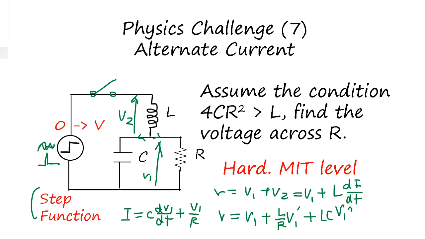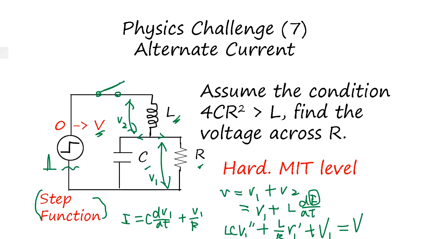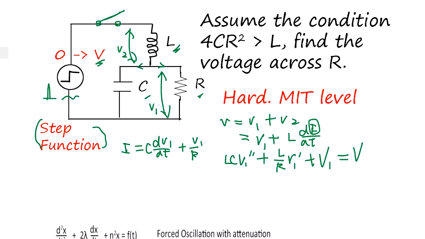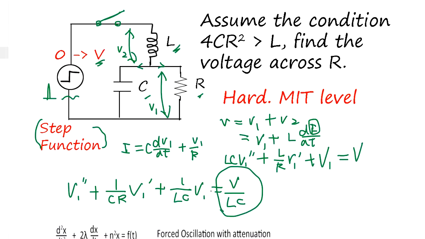V1 double prime. So we clean this up, and you notice that it's going to be V1 double prime plus 1/CR V1 prime plus 1/LC V1 equals V/LC.